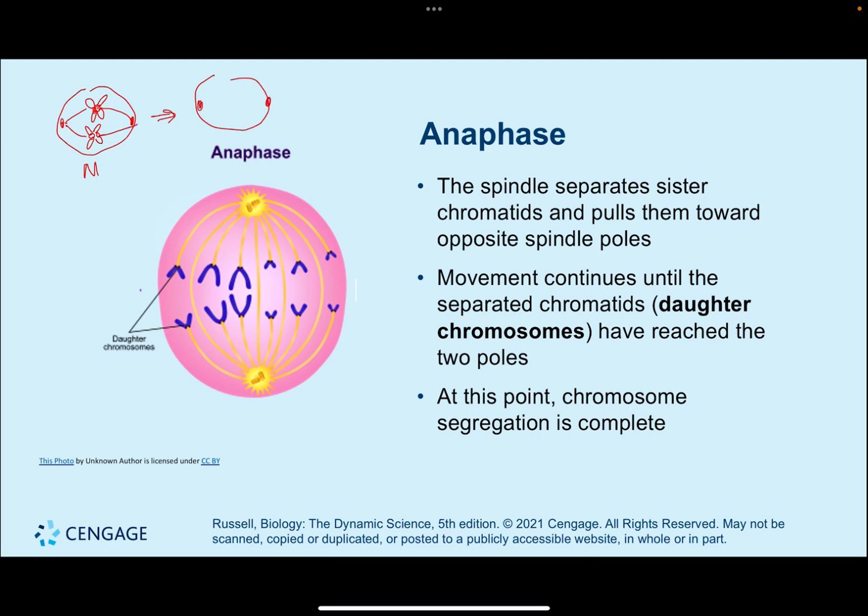The spindle fibers or the mitotic spindle will pull the sister chromatids or the chromosomes apart. So it's a tragic love story. So they will pull these sister chromatids towards the opposite poles.